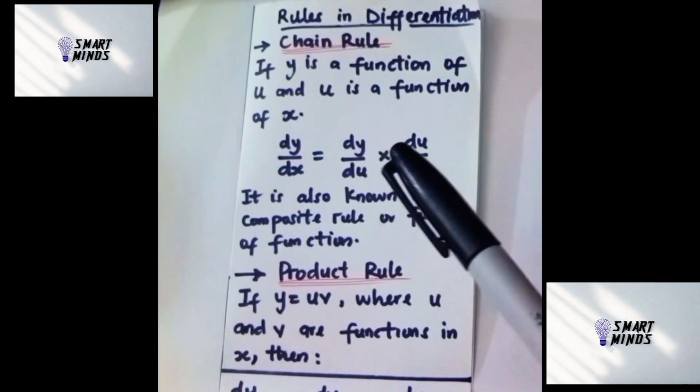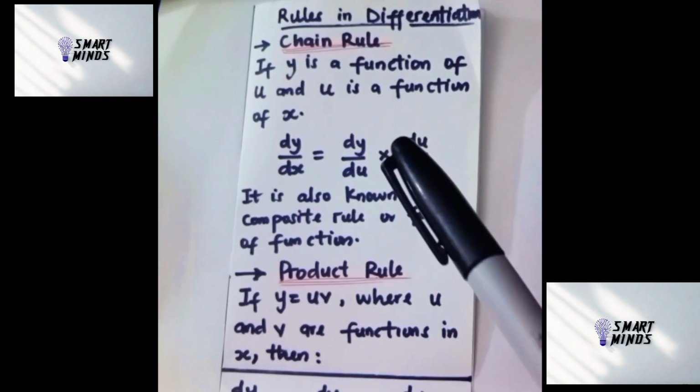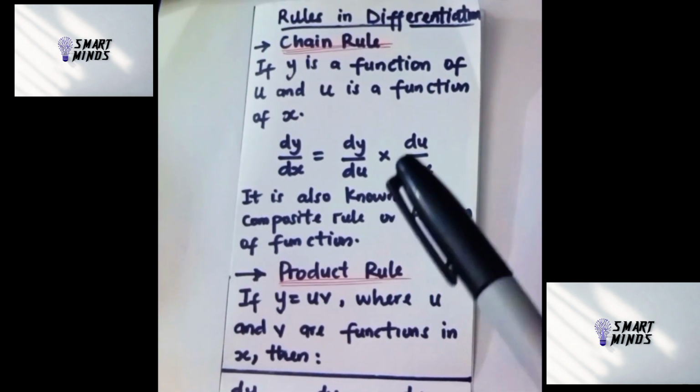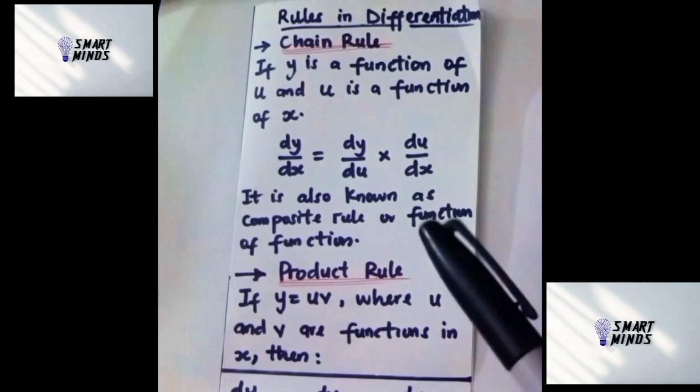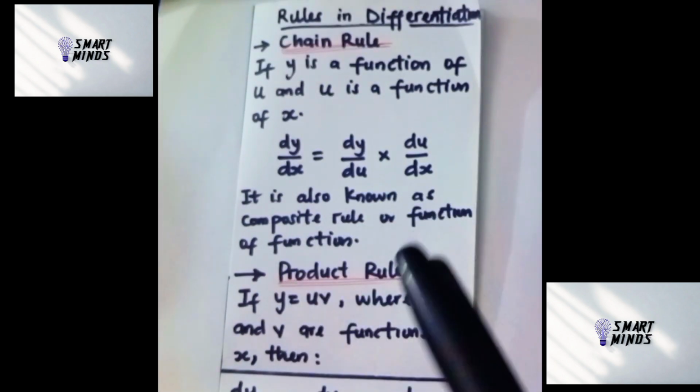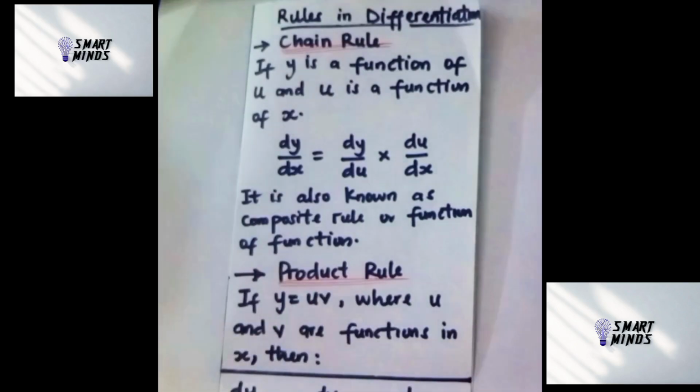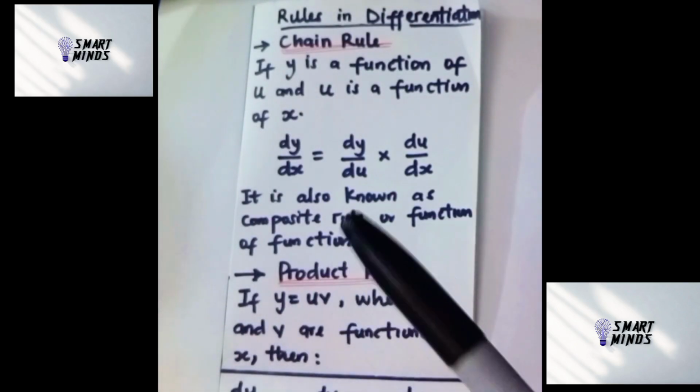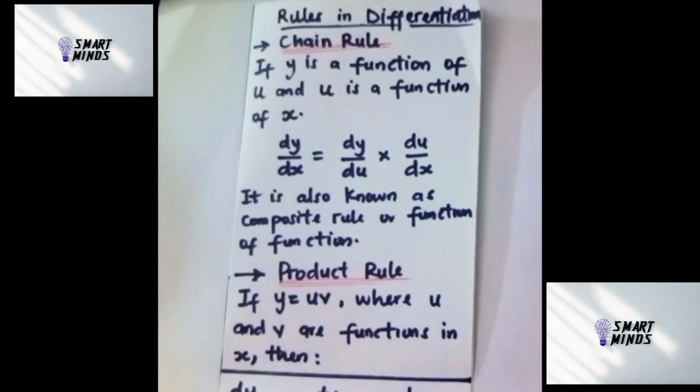Now let's quickly take a look at some other rules in differentiation that we use. The first one is the chain rule. Chain rule is used when y is a function of u, and u in turn is a function of x. I repeat, chain rule is used when y is a function of u and u is a function of x.